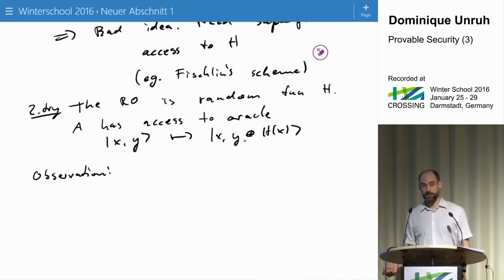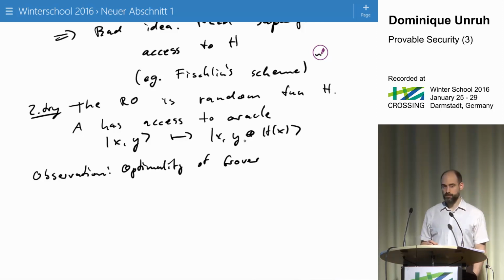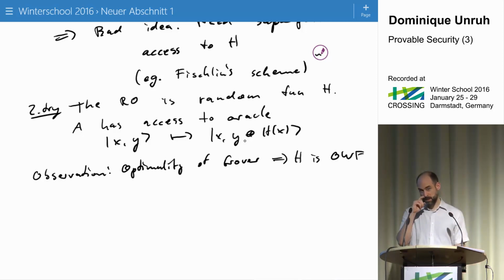Now we can already observe the first result about the quantum random oracle model: the optimality of Grover's algorithm implies that the random oracle is a one-way function. Well, there's a bit of a gap here because it's only if you do the optimality proof for uniformly random functions, but if we ignore those distinctions, it's basically the same thing.